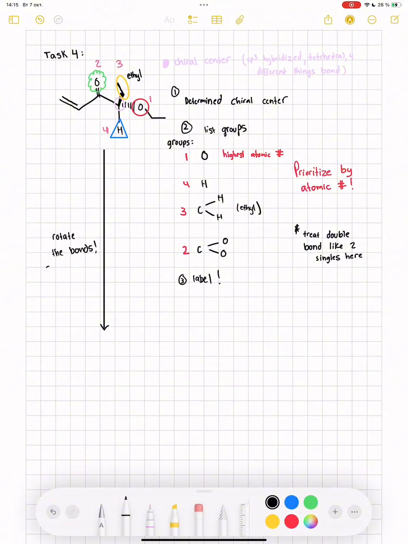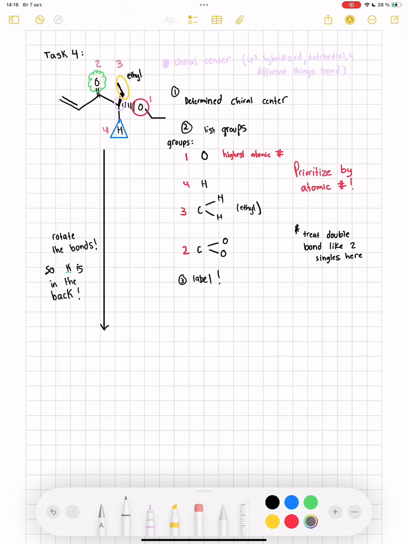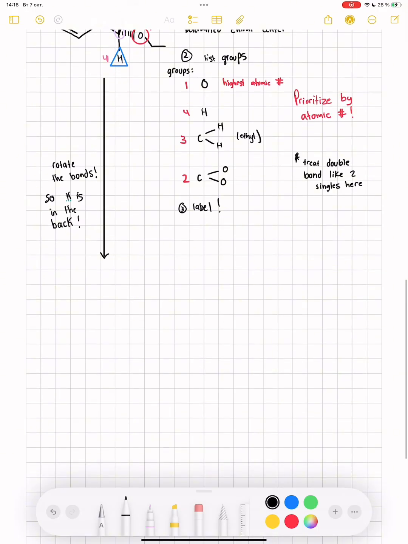But remember, we are only rotating the bond in the chiral center because that double bond oxygen, we do not want to touch that. So we're only rotating the carbon at the chiral center so hydrogen can get the place of going in the back.